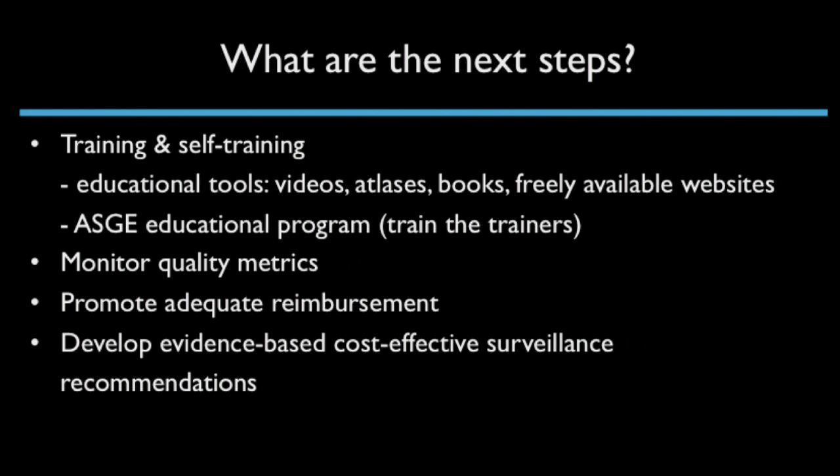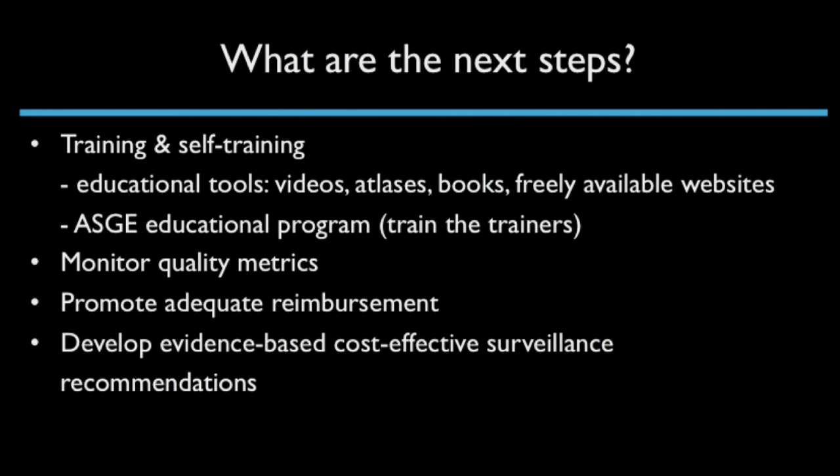Training and self-training using a wide palette of educational tools and programs such as videos, atlases, books, and freely available websites to provide insight on endoscopic technique and findings. Monitoring of quality metrics such as detection and resection of dysplasia, the interval cancer rate during IBD surveillance, and reduction of the colectomy rate will help to identify and close current gaps in performance.